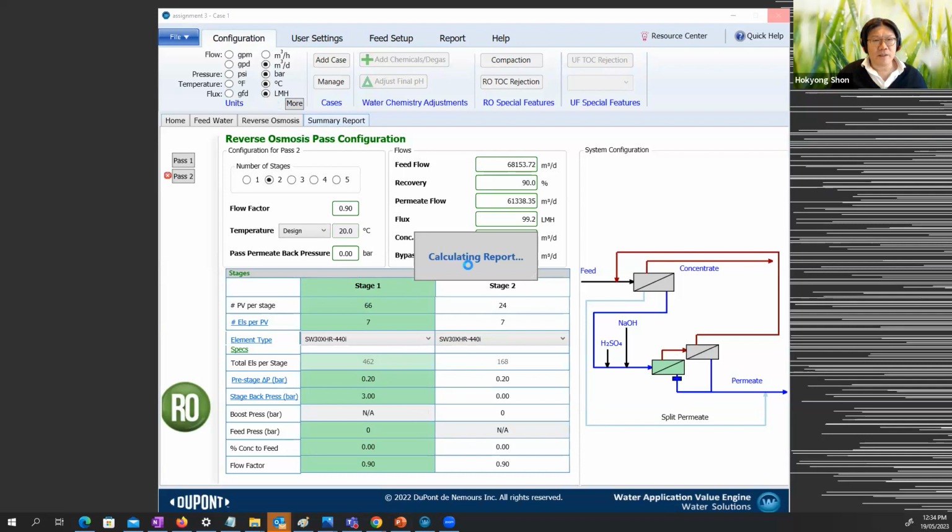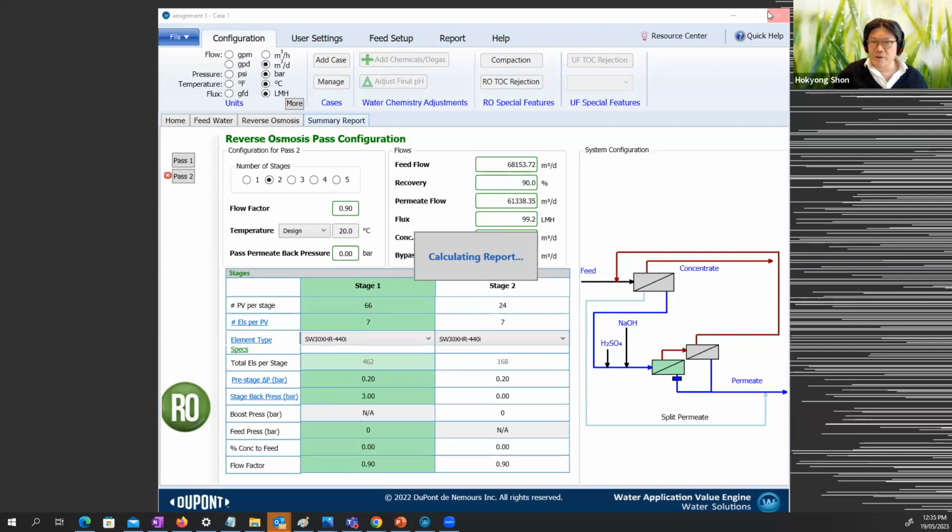his calculation is not working because there are serious mistakes. Maybe because of the sodium hydroxide, maybe because of miscalculation of stage 1, 2, and pass 1. Also, miscalculation of his permeate recovery, 19%. So he cannot calculate his report because his information is not possible to calculate from the software.